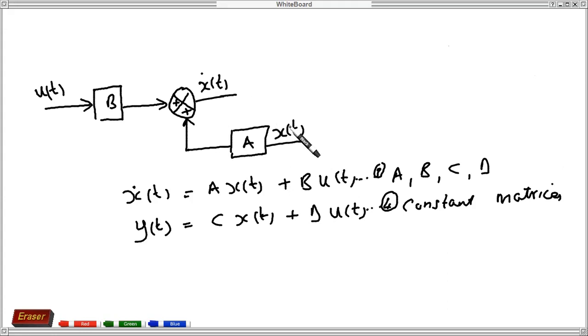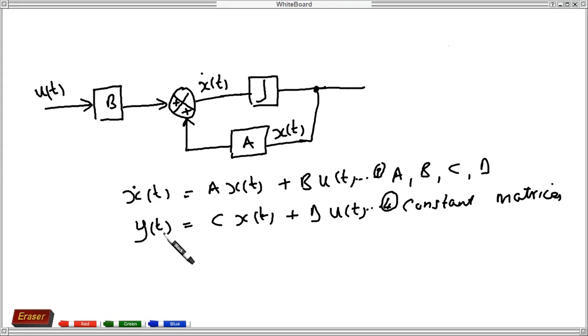Notice that x of t is generated from x derivative of t, and that means this block must be an integrator, so that when we integrate x derivative of t, we get x of t. We tap it for feedback, and that models the first equation, the state equation.